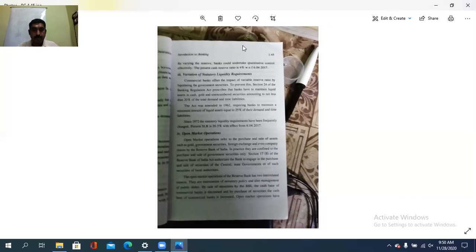Section 17(8) of the Reserve Bank of India Act authorizes the bank to engage in the purchase and sale of securities of the central government as well as the state governments, or the securities of local authorities. That is what you need to understand from open market operation: open market is there for purchasing and sale of securities.